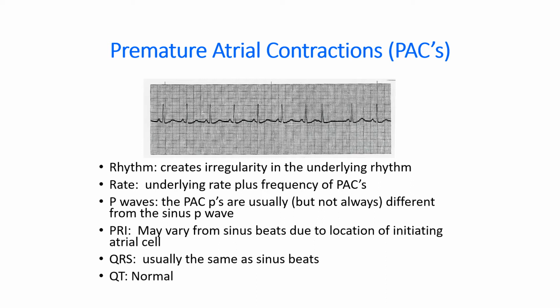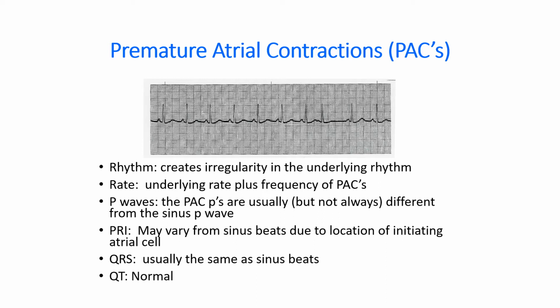Your QRS is going to be normal, or the same as the normal rhythm, because it's still coming from the atria, and it's still going through the AV node and down the bundle of His. So therefore, you're going to have a normal QRS, and your QT should be normal as well.